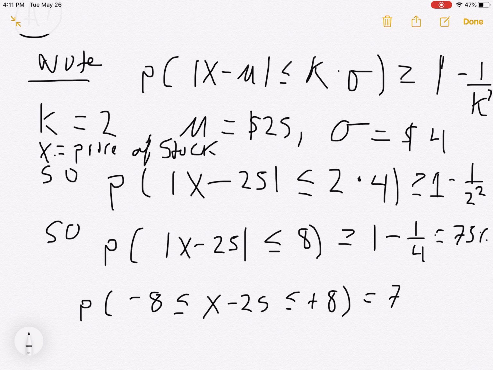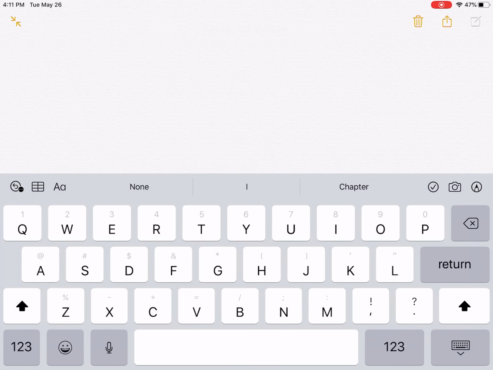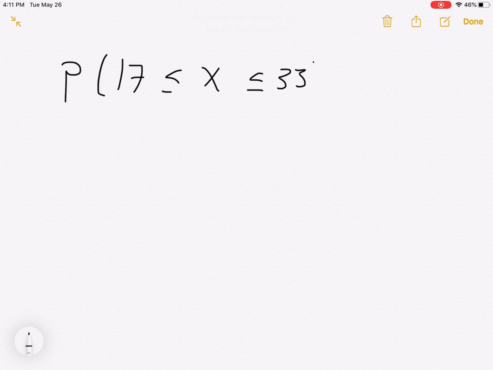And that's 75% of the time. So I'm going to add the 25. And I think I'm going to get 25 minus 8, which is 17, and less than 33, and that's 75% of the time.